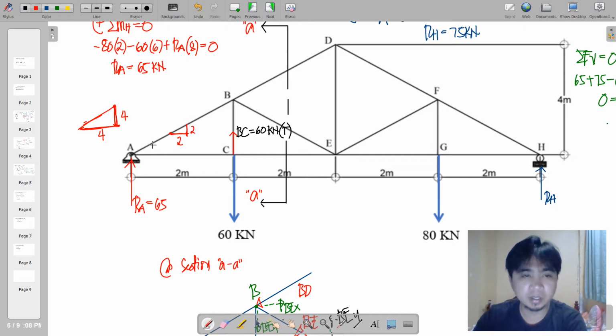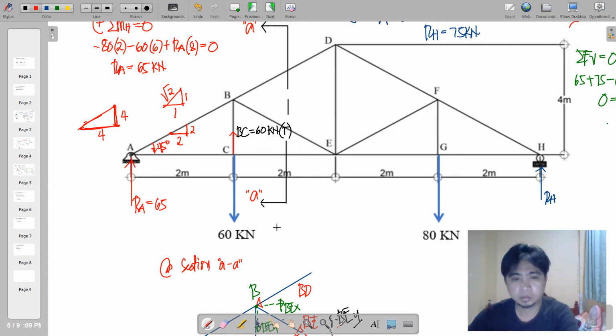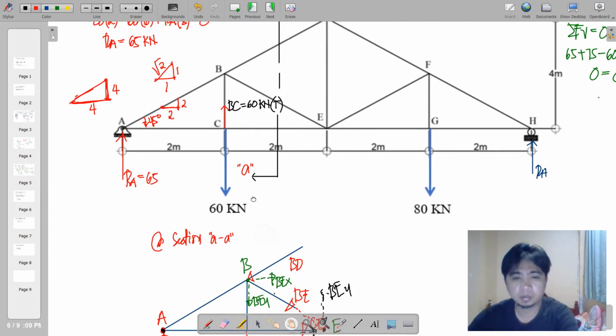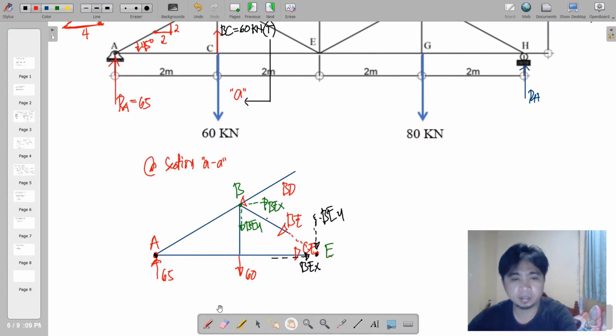So obviously, we have here a 45-degree angle. Hence, the slope will be simplified to 1:1, and then this is square root of 2. Knowing our slope, we can now write the component of BEY.